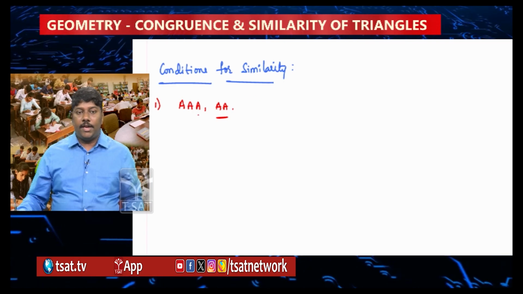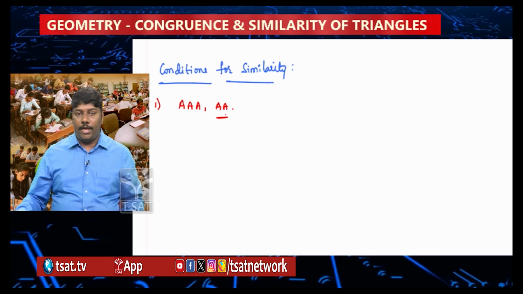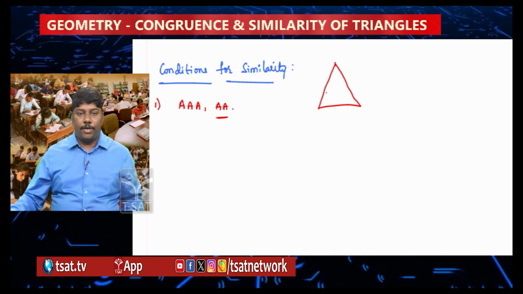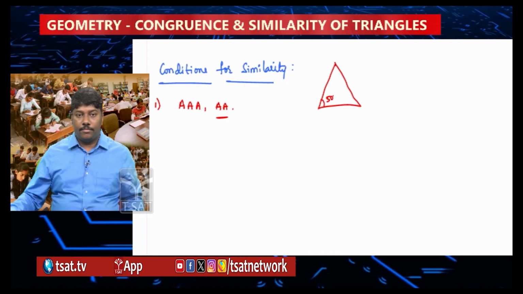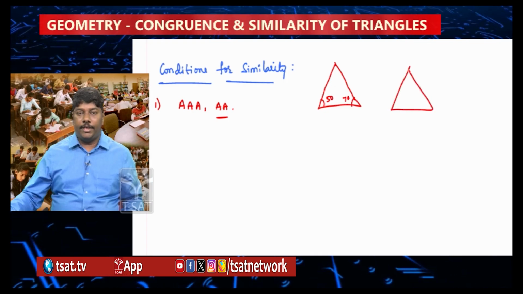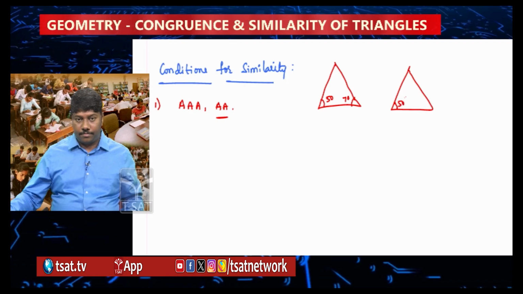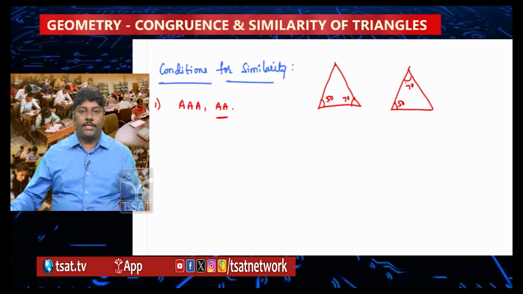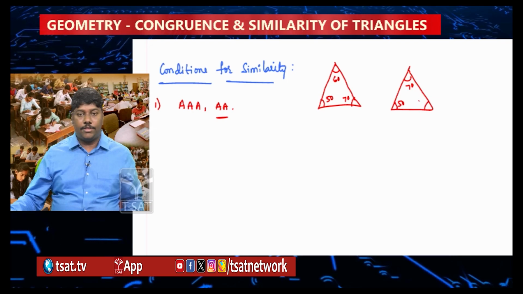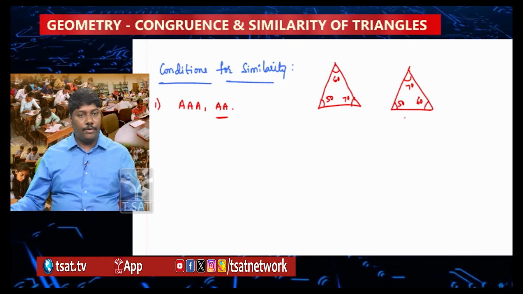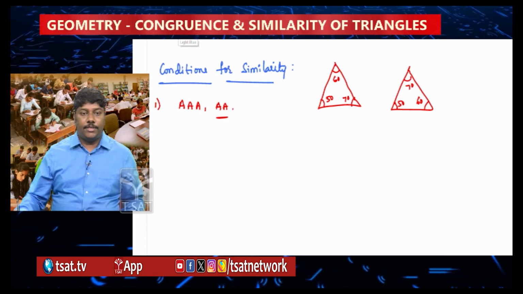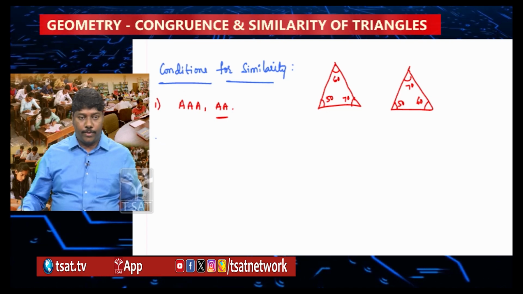If you don't know the third angle, not a problem, because if it is 50, this is 70, and in the other triangle also it is 50 and 70, obviously the third angle in the first one is 60 and in the second one is 60. So even if you know 2 angles or 3 angles, it's okay.